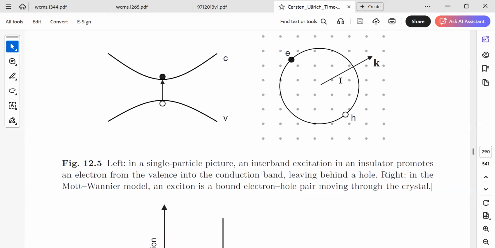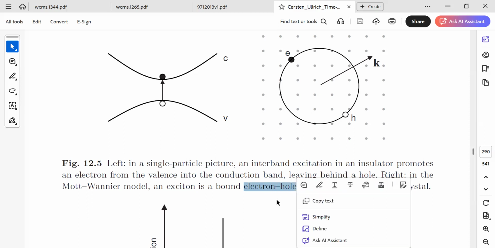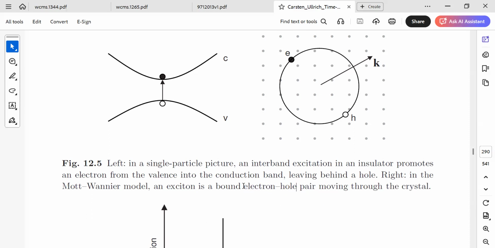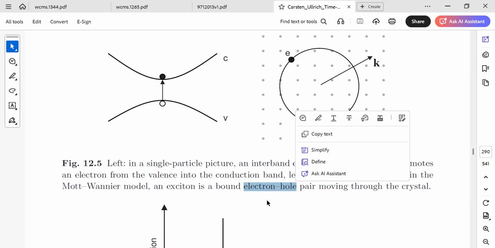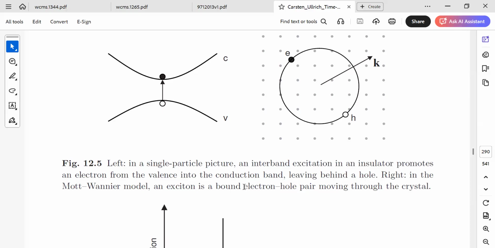The excitation of this system is related not to a single electron, not to a single hole, but to the collective behavior, the collective dynamics of this electron-hole pair throughout the crystal.